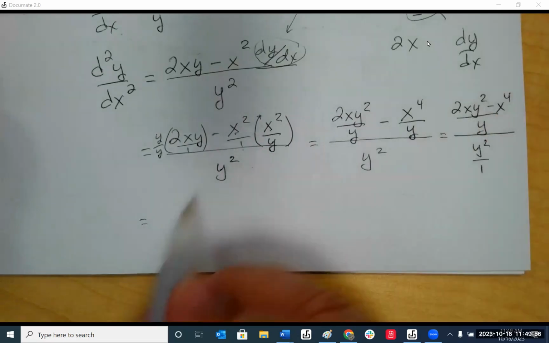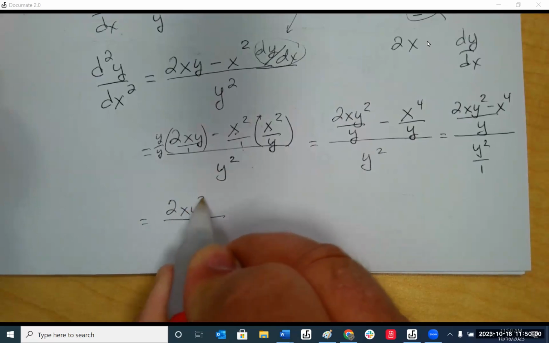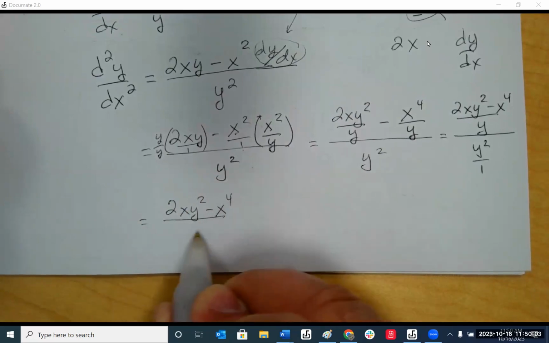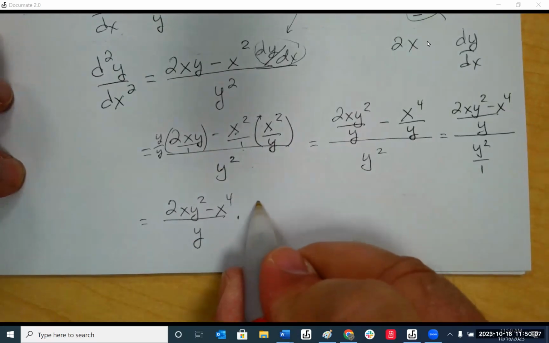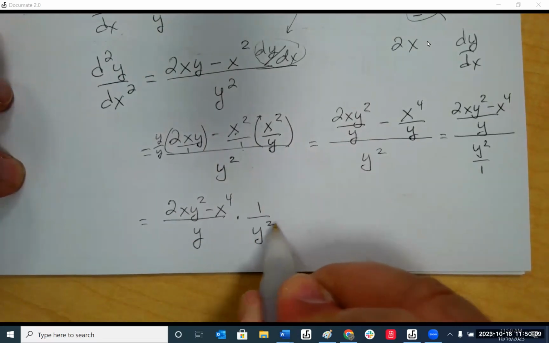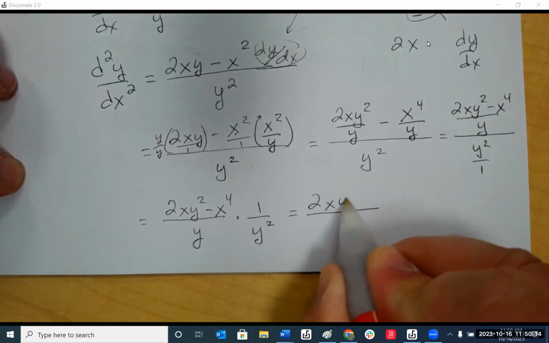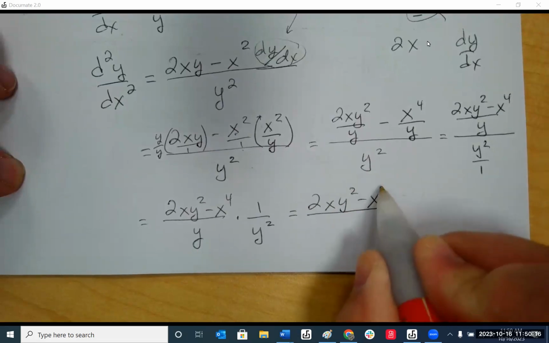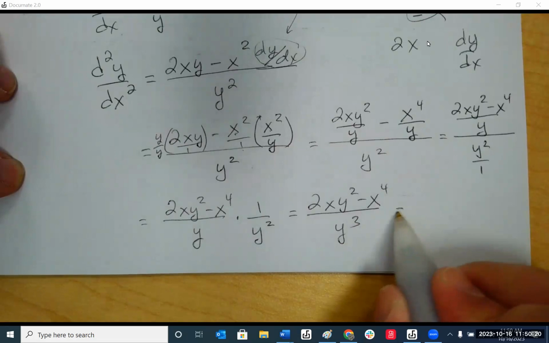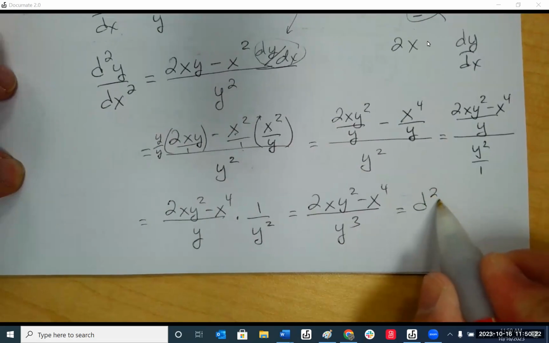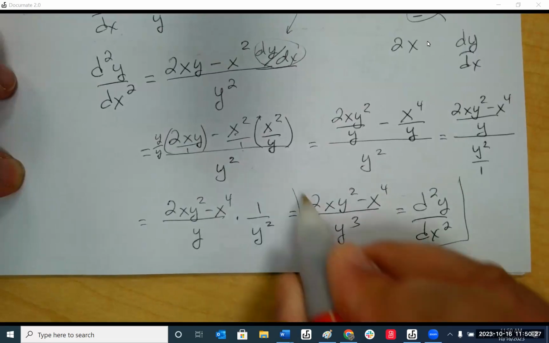So leave the top alone. We have 2xy squared minus x to the fourth over y, and flip the bottom. And that is your second derivative.